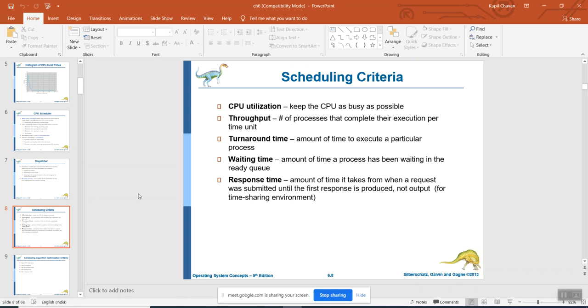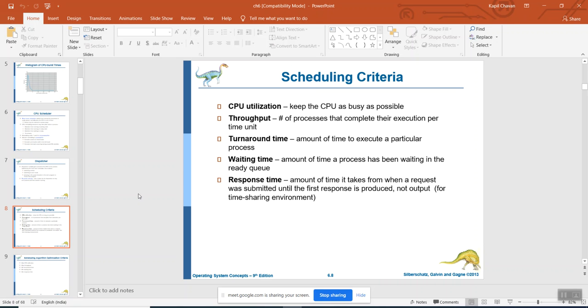Why do we go for scheduling? We need to achieve CPU utilization. We need to keep the CPU as busy as possible. In a real system, a survey was taken, and you can simply say that CPU utilization falls in the range of 40% to 90%.